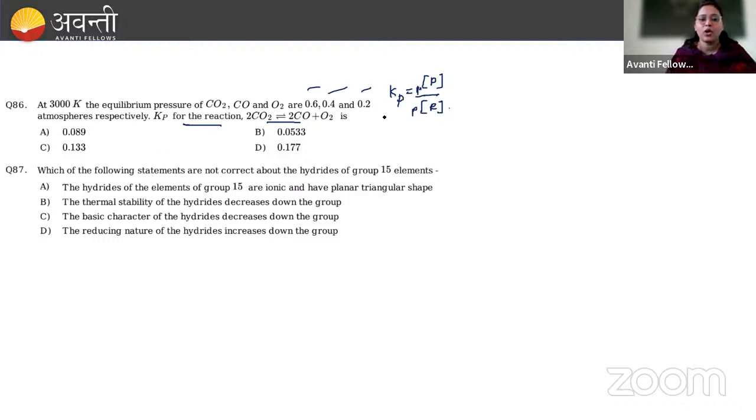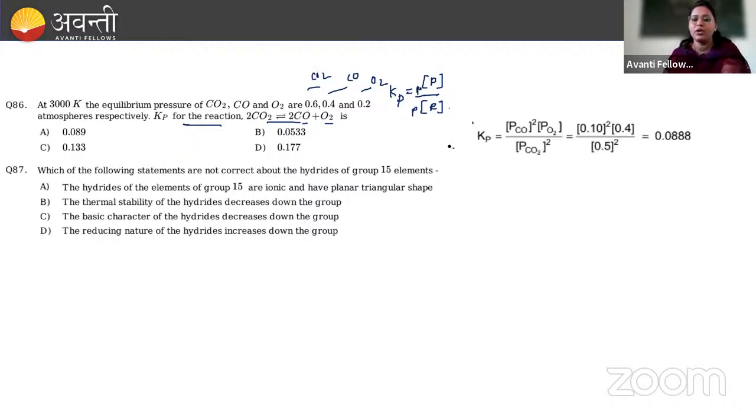Okay, pressure of product कौन से हैं? CO है product में और O2 है. CO का क्या है 0.4, O2 का क्या है 0.2 और CO2 का क्या है हमारा 0.6. So put करो those values. Let's just put all the values. Okay, here you can see pressure of CO. कितना है pressure of CO? उसके 2 मोल हैं इसलिए मैंने यहाँ पे 2 लिया. O2 कितना है, 1 ही है इसलिए यहाँ पे 1 हो गया.